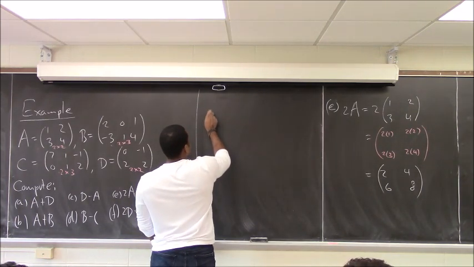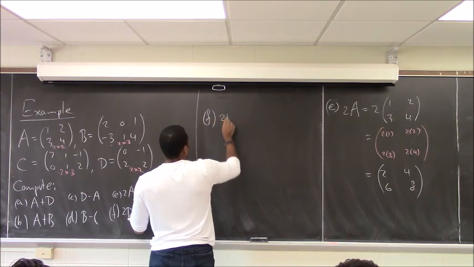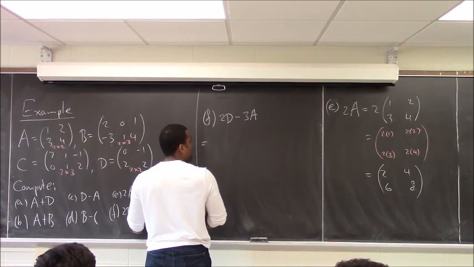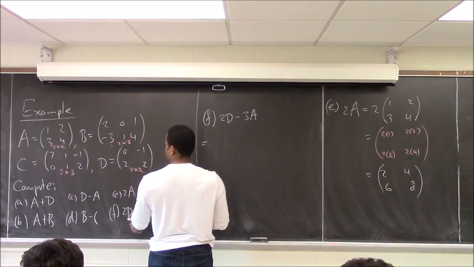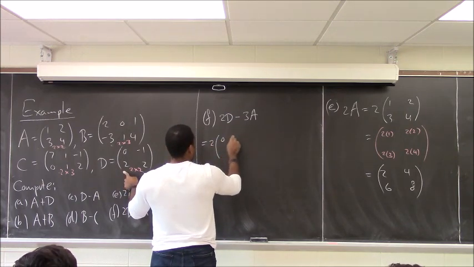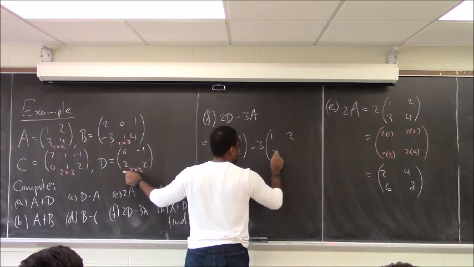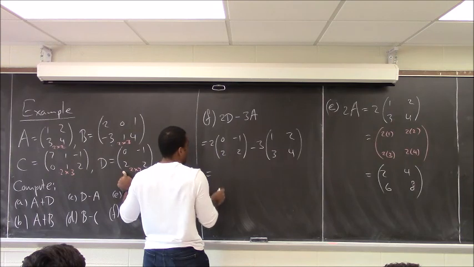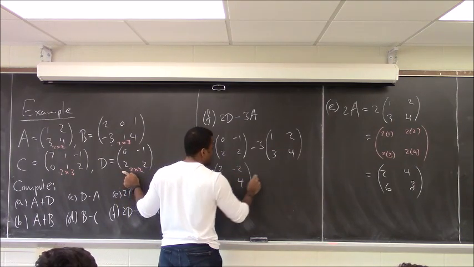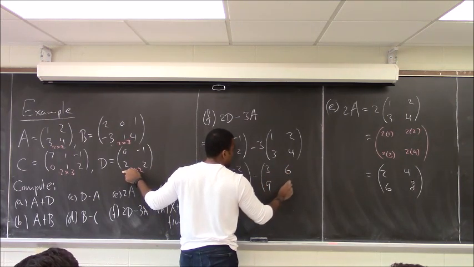And F. 2D minus 3A. So it's the same idea. You probably just write them out a little bit first. So we have 2 times the D minus 3 times the A. So this is going to be 2 minus 2, 4, 4, minus 3, 6, 9, 12.